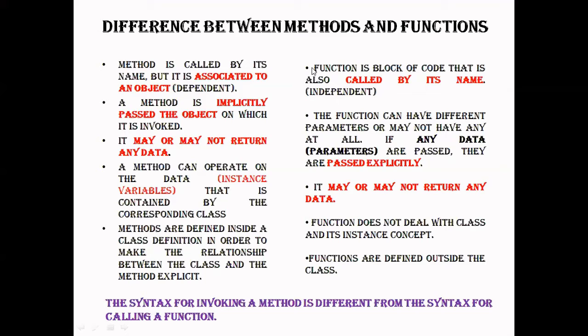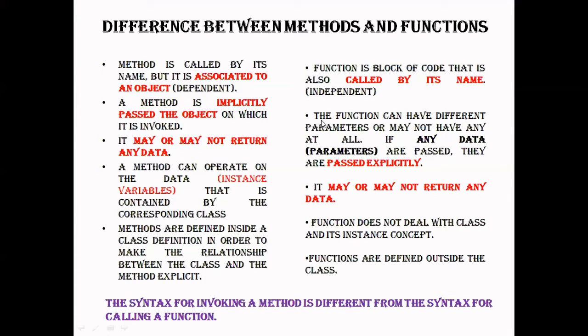Since you already know what a function is, a function is a block of code, right? It is a block of code that is also called by name. It is actually independent. Fine. Whereas this is not the case with a method. A method is called by its name, but it is associated with an object, which you will be seeing now. There are a few differences that you will be seeing.